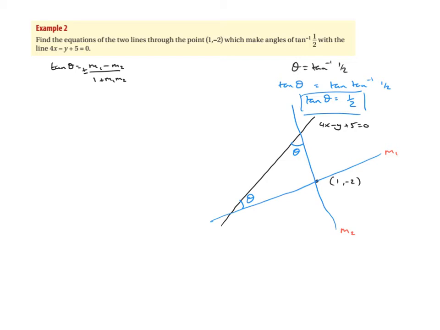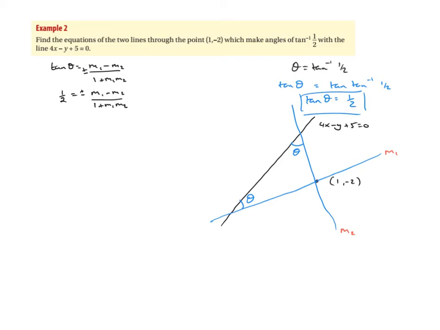We already have tan theta because we worked it out when we said theta was equal to tan⁻¹ of a half. We rearranged it and got tan theta equal to a half. So straight away we know that a half is equal to plus or minus (m1 - m2) over (1 + m1 m2).